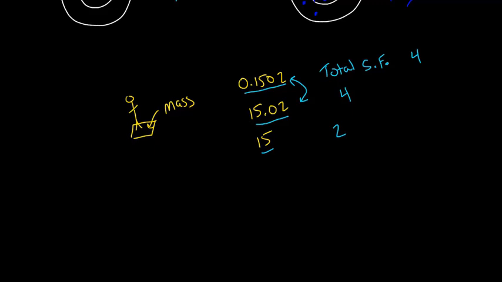So accuracy relates to the total number of significant figures that are reported. The precision relates to the total number of decimal places. The more decimal places we have, the more precise the instrument is. In this case, I have 4 decimal places, and in this measurement here, I only have 2 decimal places.